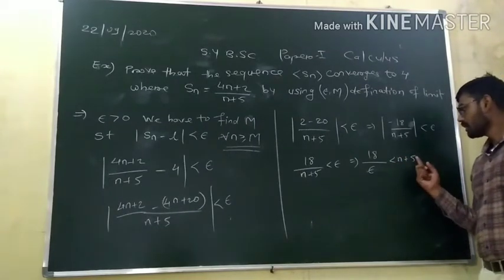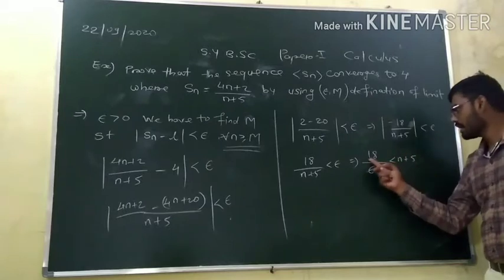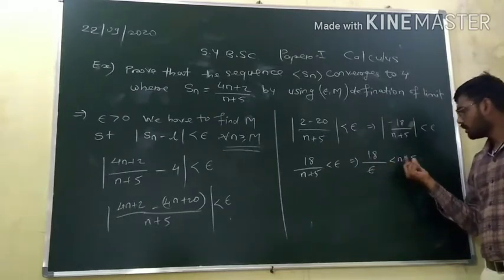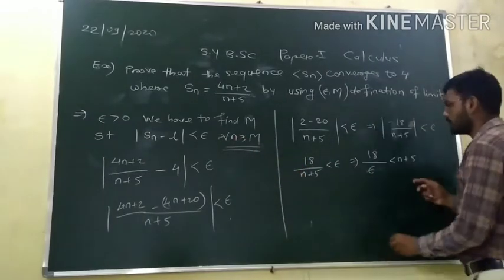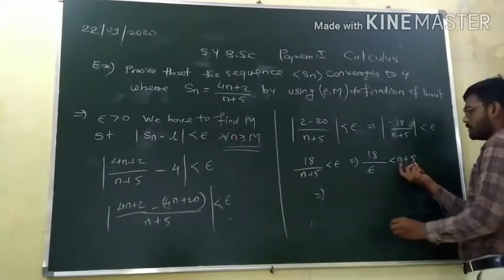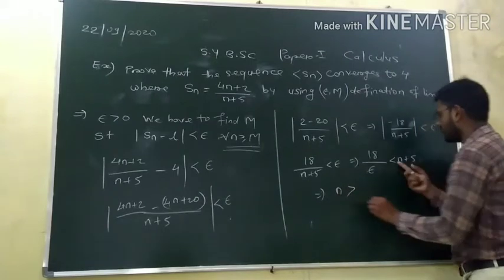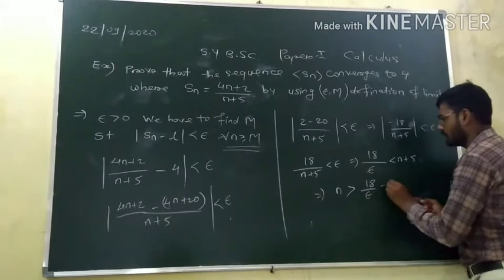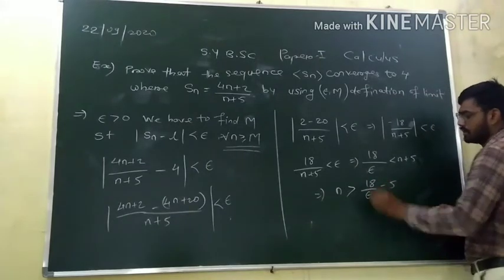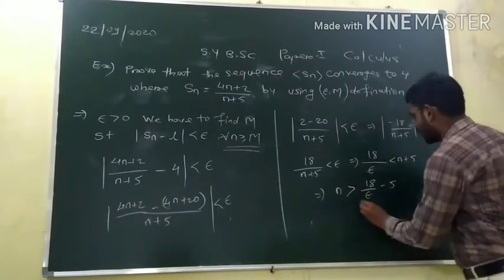Now transfer this 5 to the other side, because we have to take only n to one side. So n is greater than 18/epsilon minus 5.